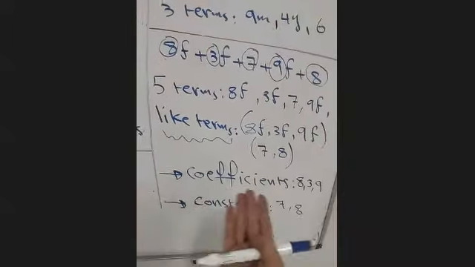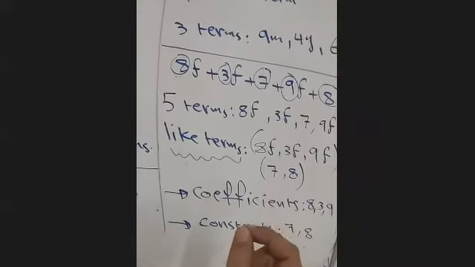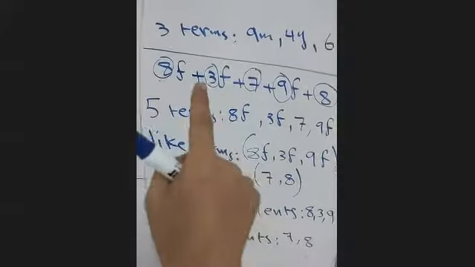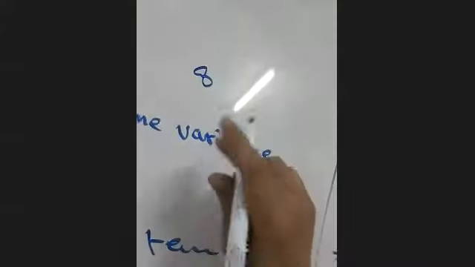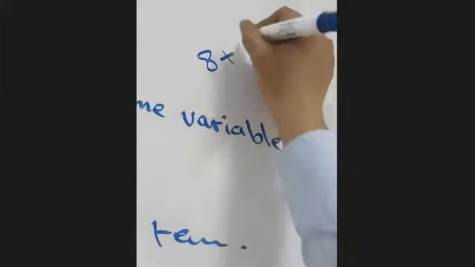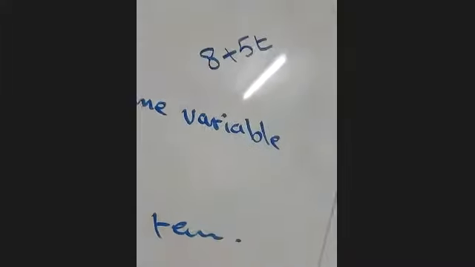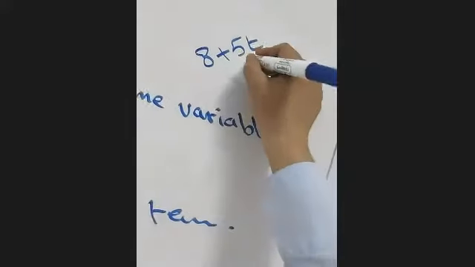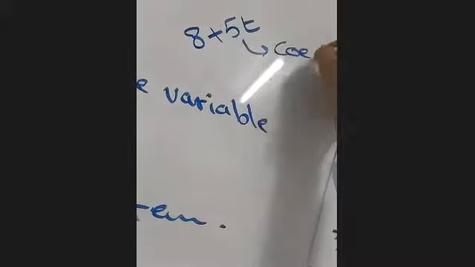What are the coefficients? The coefficients are the numbers which are beside the variable, the number multiplied with the variable. Look here, guys, 8 plus 5t. The 5, we call it coefficient.